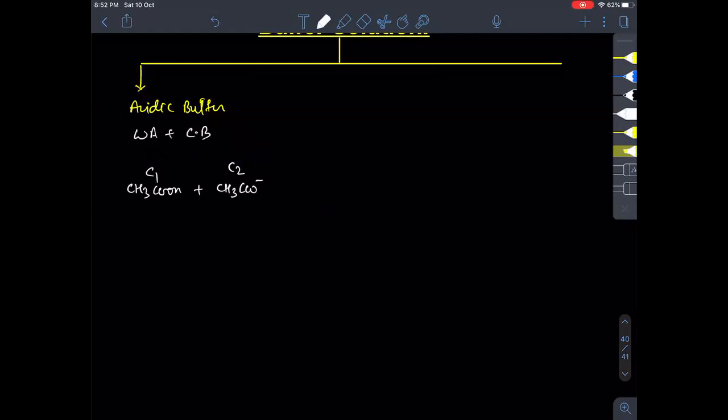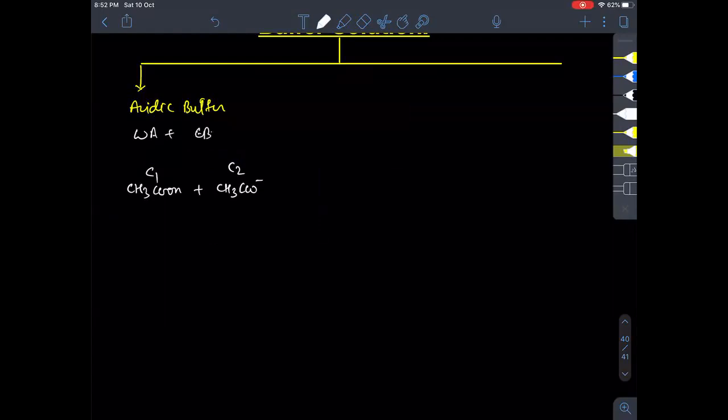And from where will we get the conjugate base? Obviously from salt. So sometimes it is also written as salt of weak acid with strong base. But I will simply take conjugate base here rather than using that.